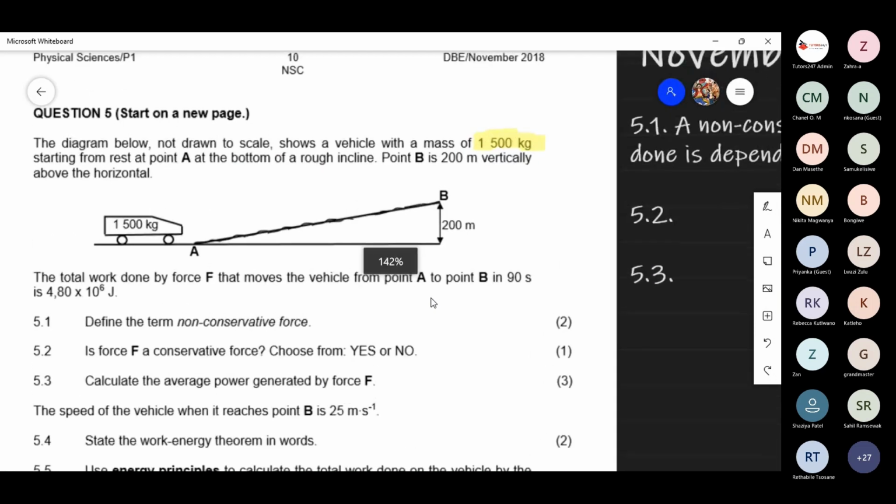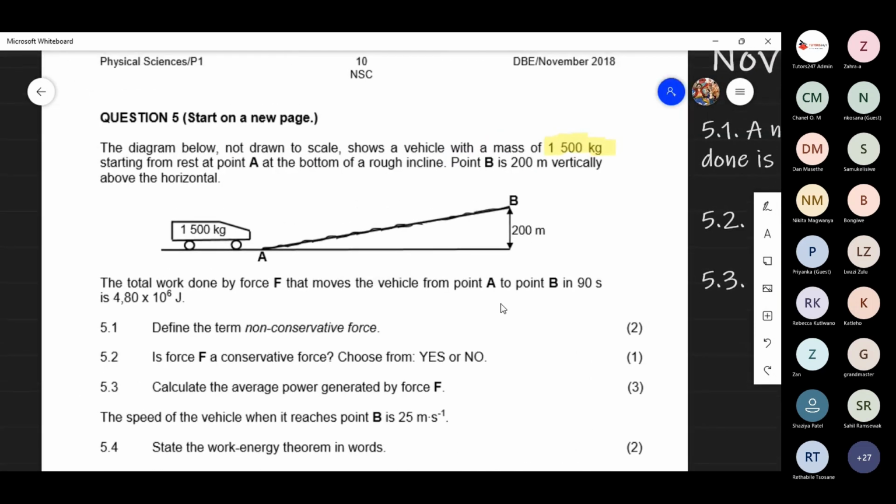So that is extremely important. Do you see it states starts from rest at the bottom of a rough inclined plane. So that second line has three pieces of important information in one line.